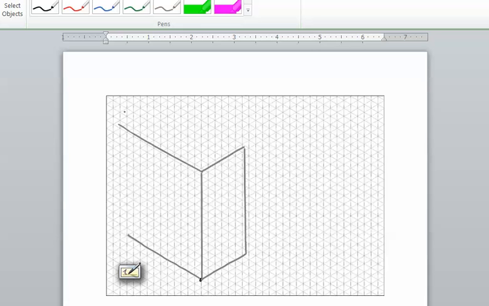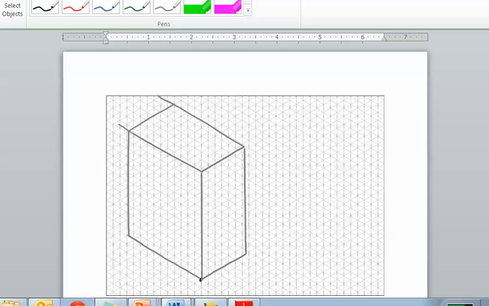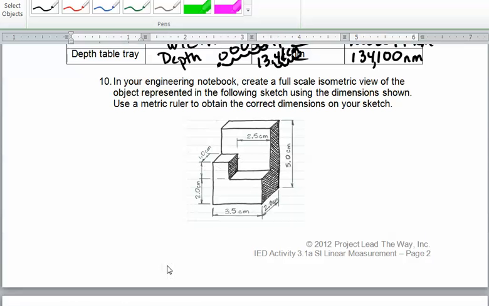I'm just drawing that line up, and where this line ended, I know that it has to go straight up. And then I can go over here and cheat, a little cheat, cheat. Sometimes I like to make songs while I'm doing this. There's the box for this isometric view. So I've got the whole box.